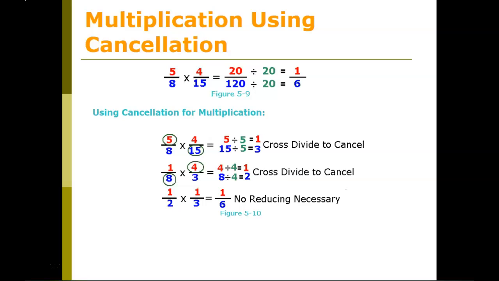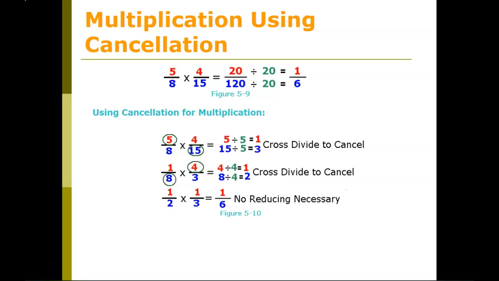So you take a large fraction and you're just trying to make it simpler so that you don't have to do as much work at the end. Does that make sense? So you always do it across from each other. This is why I always got in trouble with cross multiplying, because I always got it mixed up with this. How many of y'all did that? I always got it mixed up with this, where you're trying to do cancellation.